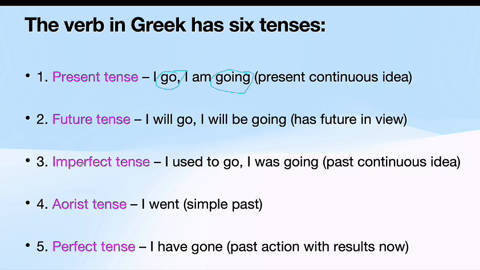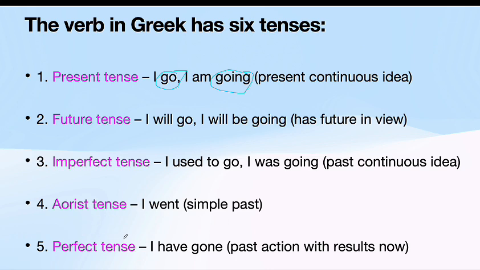And we have imperfect tense. I used to go, I was going, with a past continuous idea. It's a past tense. Then Greek has aorist. Maybe this sounds like a new concept, but this is one kind of Greek tense, aorist tense. I went, the English simple past tense.